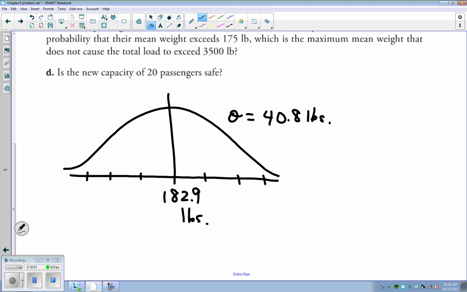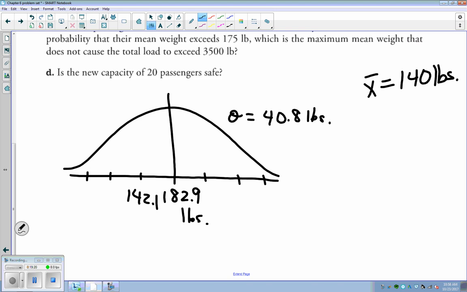And the mean that they came up with was 140 pounds, correct? Based upon their numbers, 3,500 pounds and 25 passengers. So if that's the case, we'll just take a look at 140. If I subtract 40.8 from here, I'm going to end up with 142.1, correct?